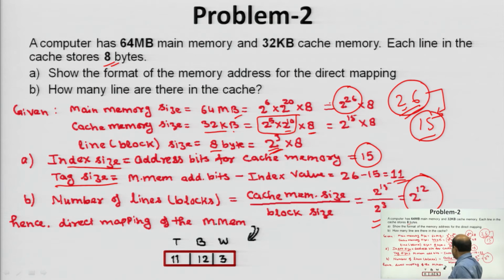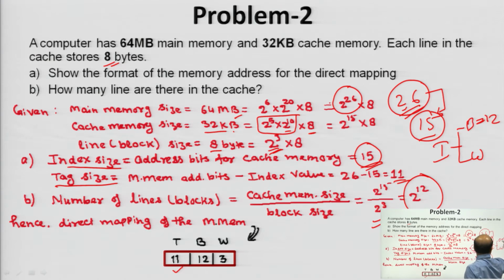Now, we can easily map, in case of direct mapping, tag, block and word. How many bits are required for tag? It is 11. We can write it here simply. How many bits are given for index? It is 15 as we have calculated, and this index will be divided into two parts, that is block and word. So, the number of blocks comes as 2 to the power 12.